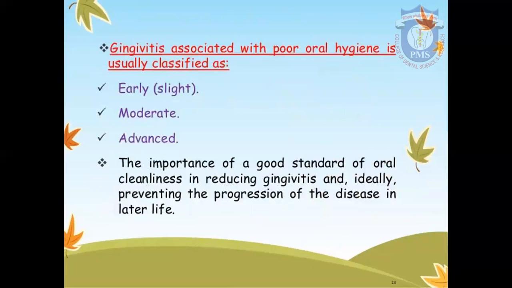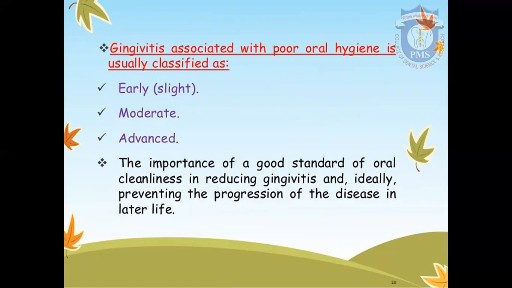Gingivitis associated with poor oral hygiene is usually classified as slight or early gingivitis, moderate gingivitis, and advanced gingivitis. Practitioners have defined gingivitis based on the percentages of bleeding on probing sites.